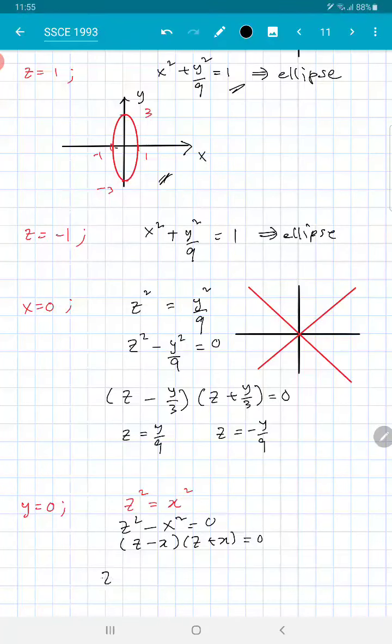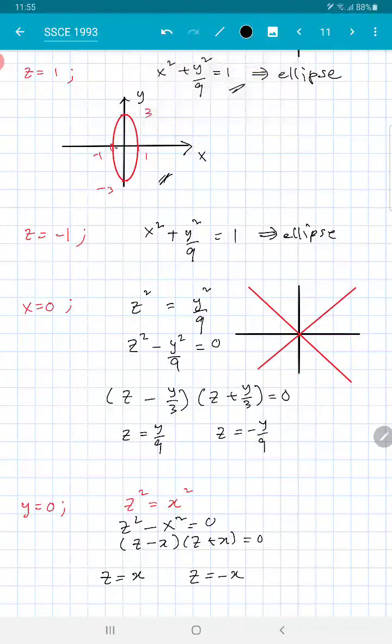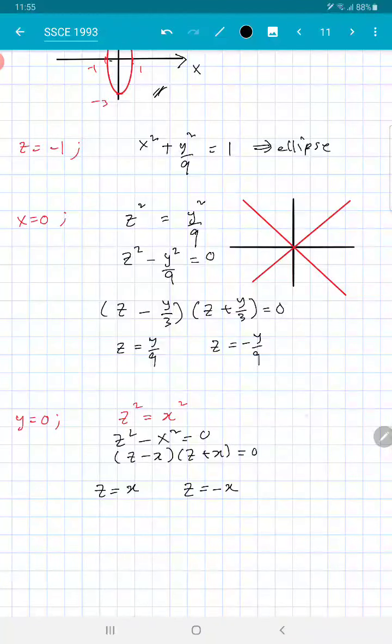So again, we have 2 equations. One is Z equals X, and the other is Z equals -X. So from those 2 equations, we know that we have 2 straight lines, one with a positive slope and the other with a negative slope.